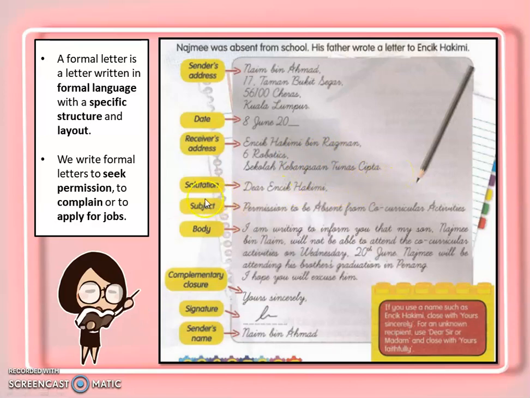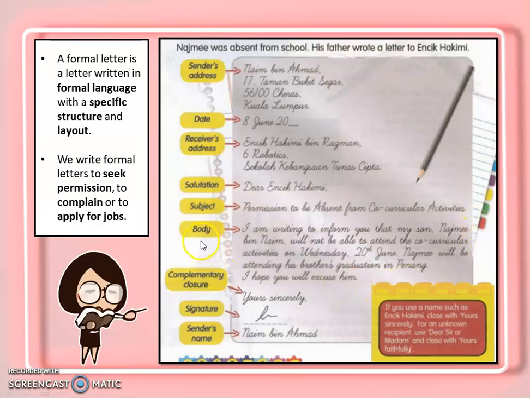And then you have the salutation. Salutation ni inilah Dear Encik Hakimi or Dear Puan Mazna, that is the salutation. After that, you have the subject: Permission to be absent from co-curricular activities ataupun tajuk.